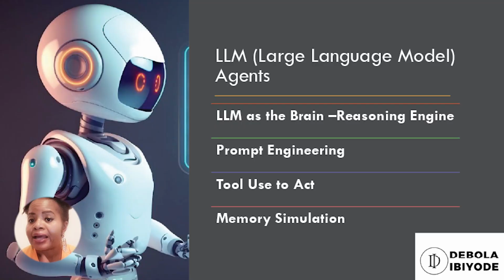An LLM agent is also designed on 4 main components: LLM as its brain, prompt engineering as its reasoning structure, tools that it could use to act, and memory simulation. Okay, I hope that is clear to follow. So you can see that their designs are different.